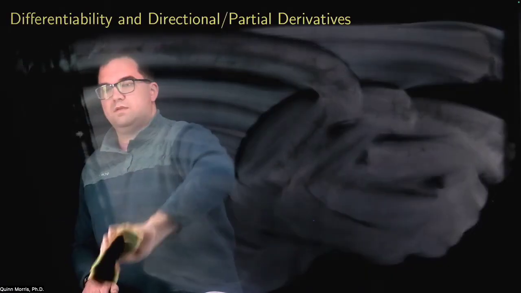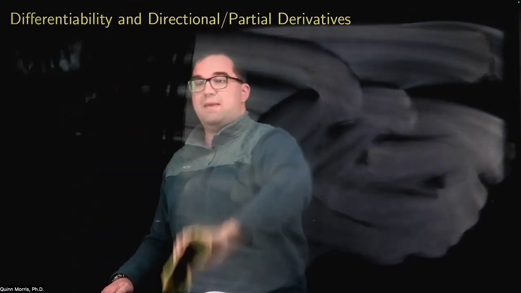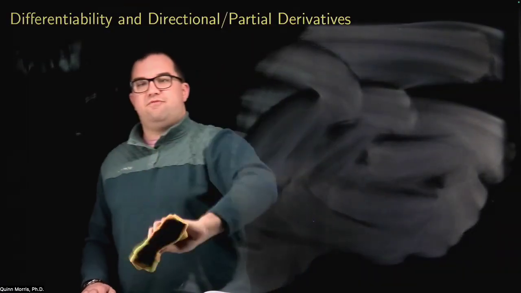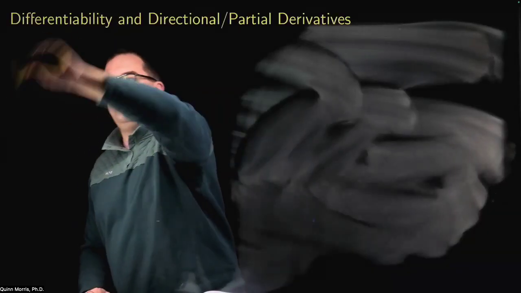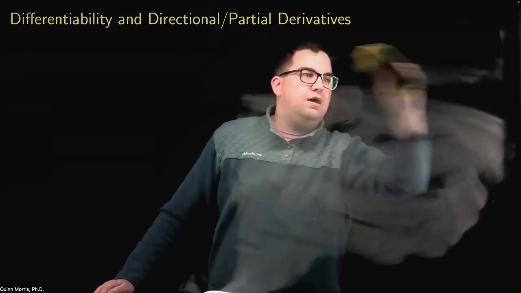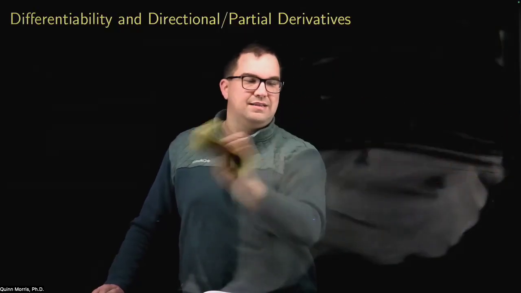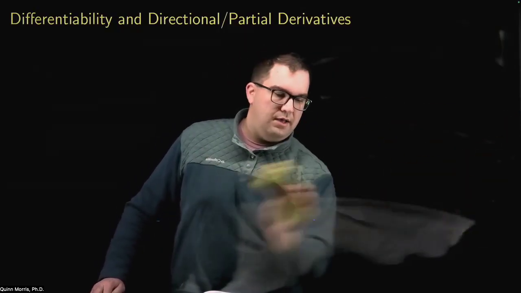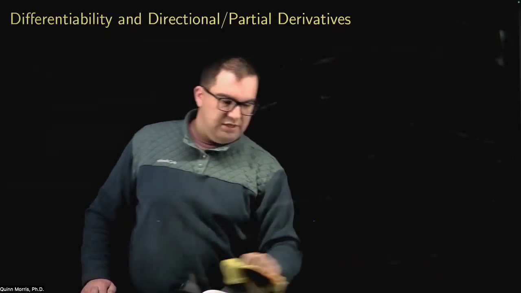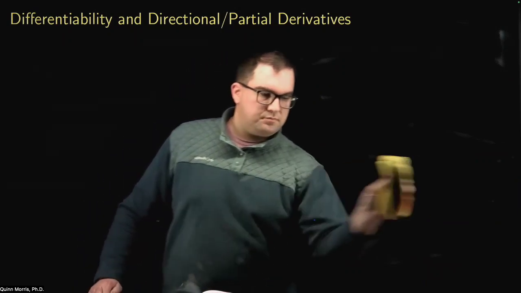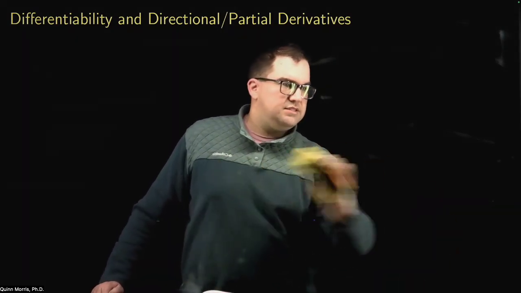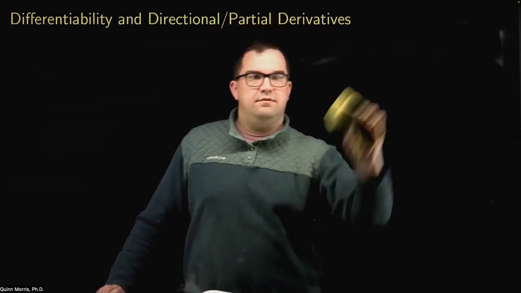Now, the thing that remains to be proven is that formula that tells us how we can calculate the total derivative acting on some vector by using a sum of products. So let's take a look at that.